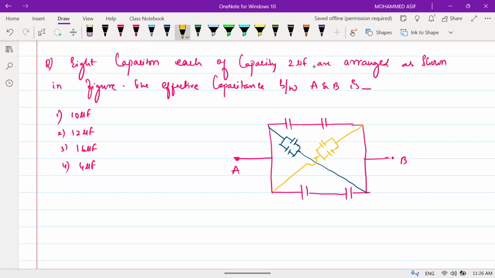All of them are having what capacitance? 8 capacitors, each of 2. That means this is C, this is C, this is C, this is C. Everything has capacitance C.